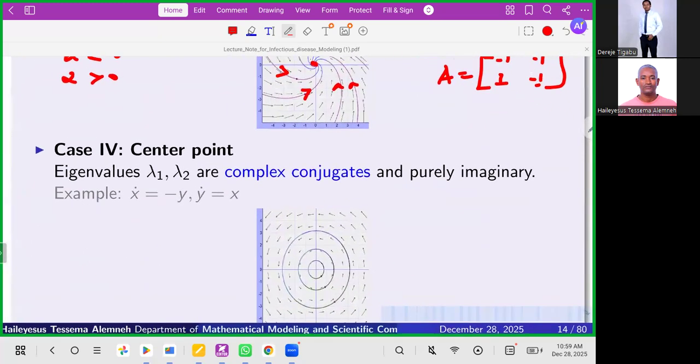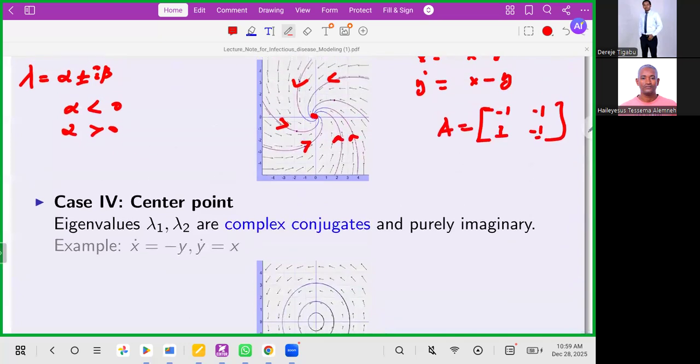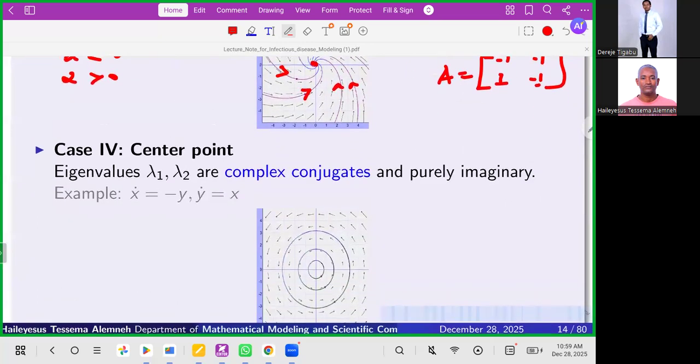Similarly, if the real part of the complex eigenvalue is 0, then we obtain only the imaginary part, and we can say that the equilibrium point (0, 0) is a center.